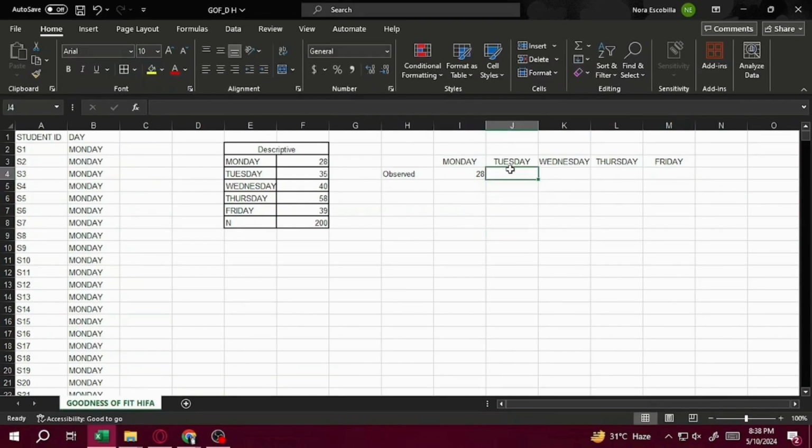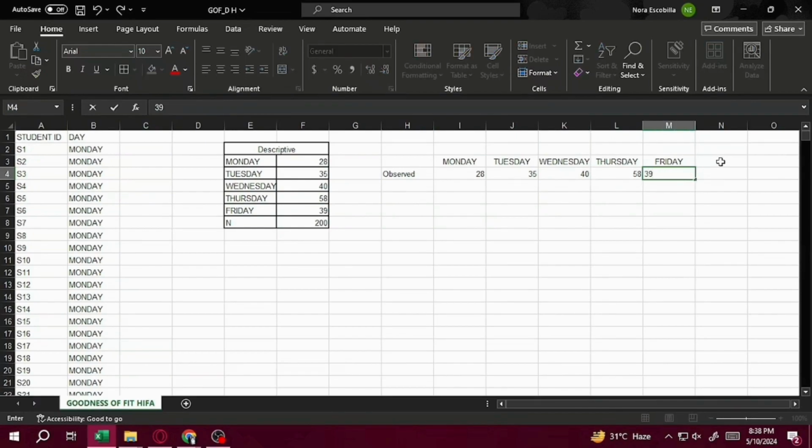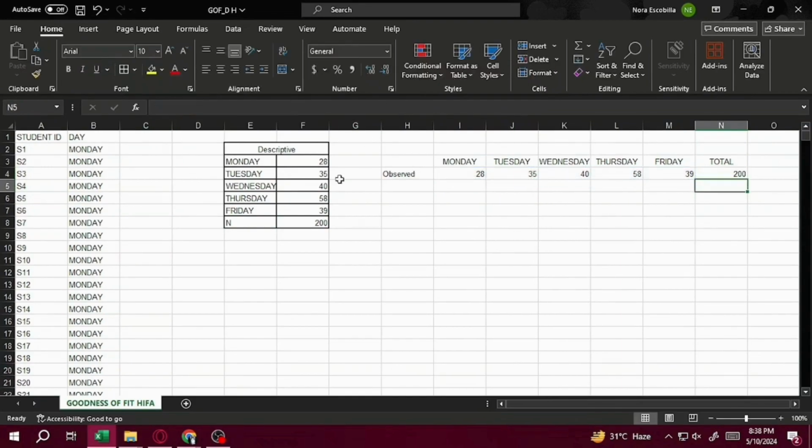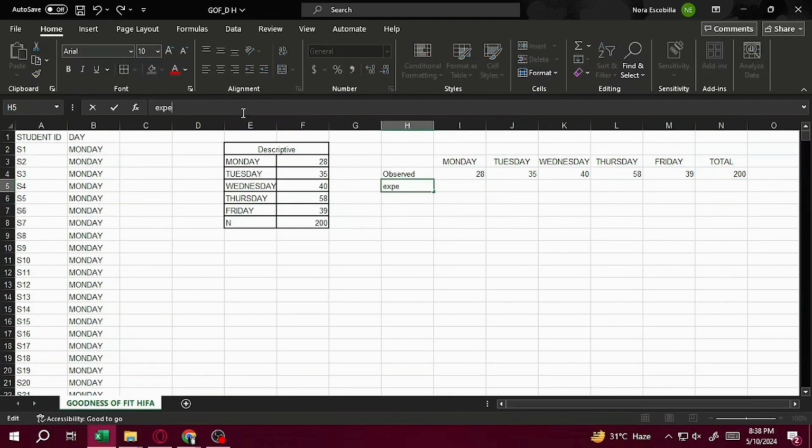For Monday, we have 28, Tuesday, 35, Wednesday, 40, Thursday, 58, and Friday, 39. And sum this all together to get our total. So now, type equal sum and get the total, which is 200 total values.